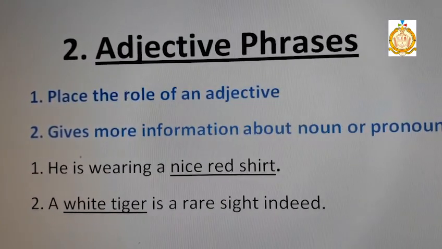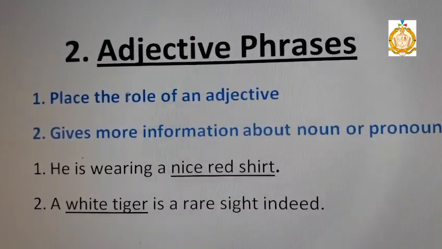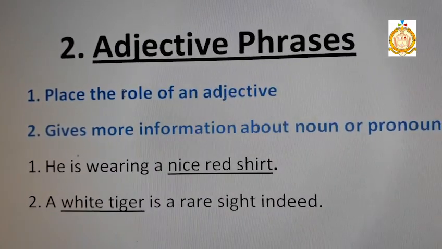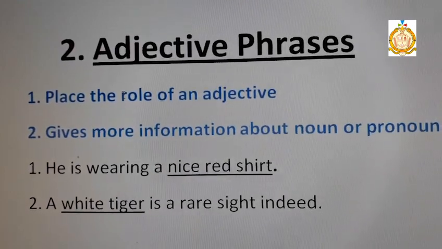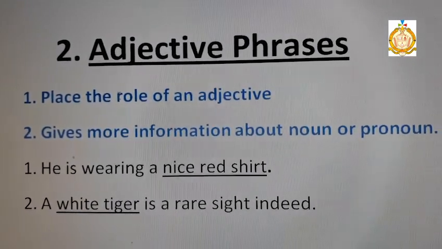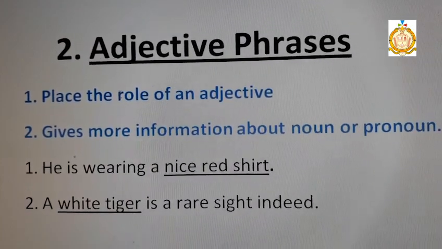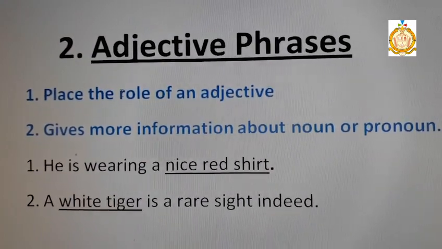Now the example is here. He is wearing a nice red shirt. Our phrase is here, nice red shirt. So, in order to describe this shirt, the noun, we have used adjectives, that is nice and red.